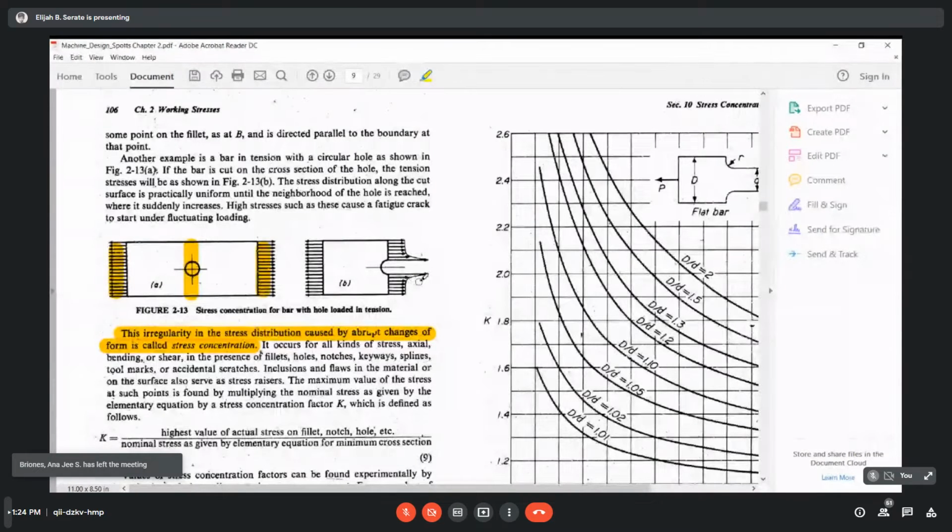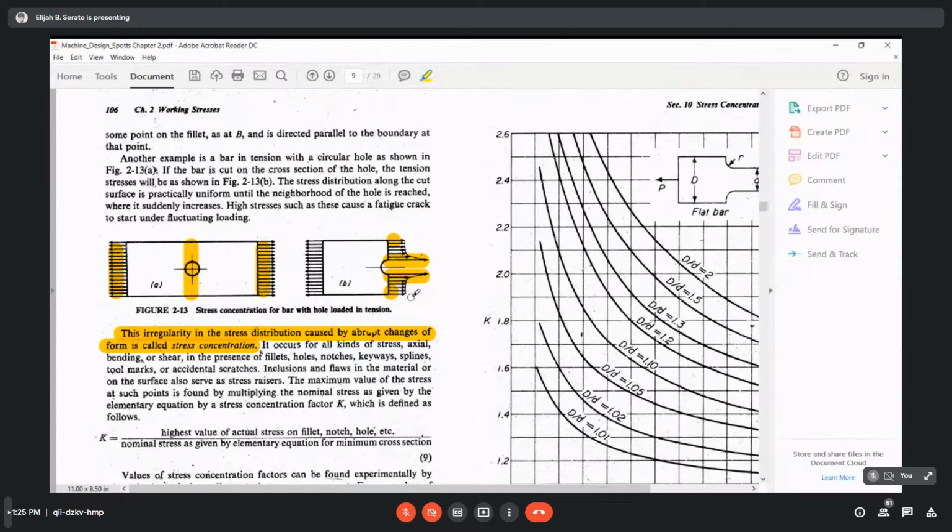That is why near the hole, the stress is higher, and we consider it as stress concentration near the edges of the hole as found in figure B. So you will notice that this part here is higher compared to the one here, the one on the edges.